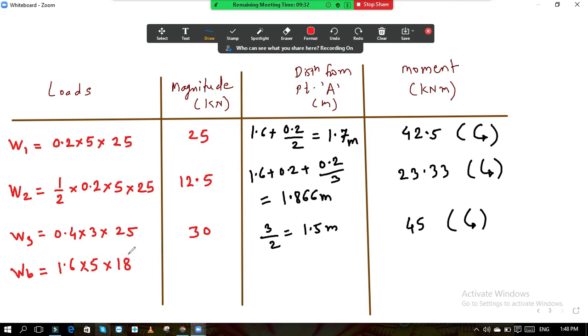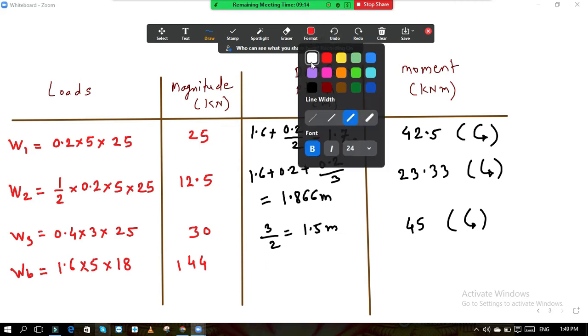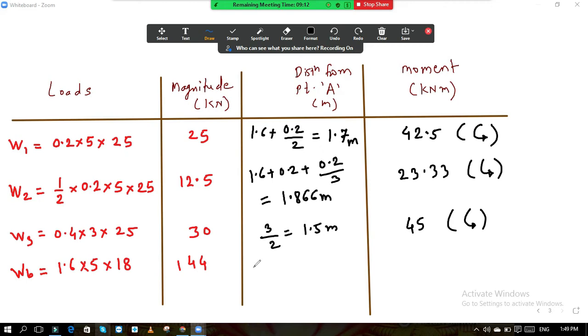So it is 144. Okay, and its CG will be half of 1.6, which is 0.8 meter.